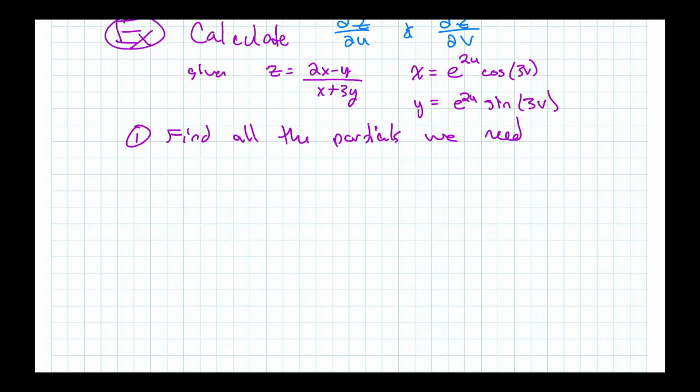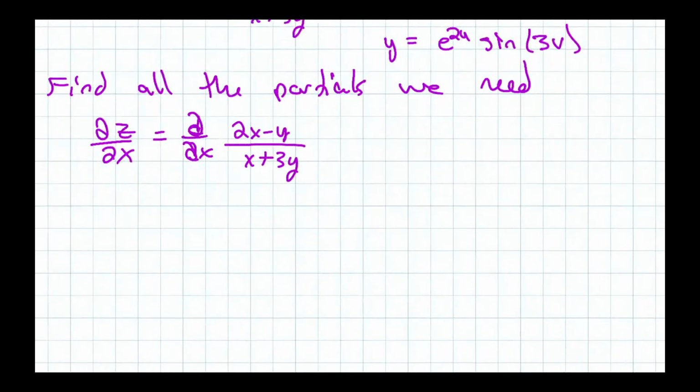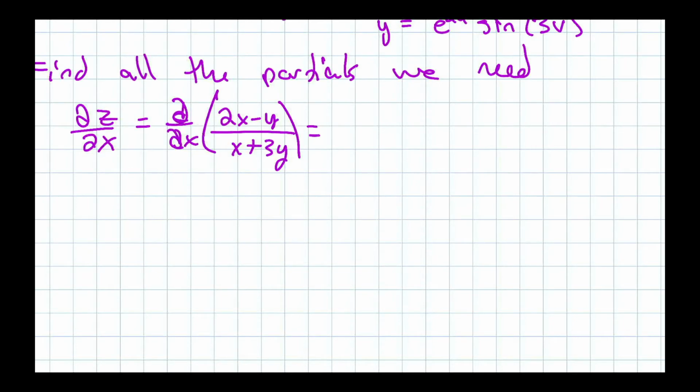We need partial z with respect to x. That is going to be the derivative of this, d dx. So we need that partial, which would need the quotient rule.